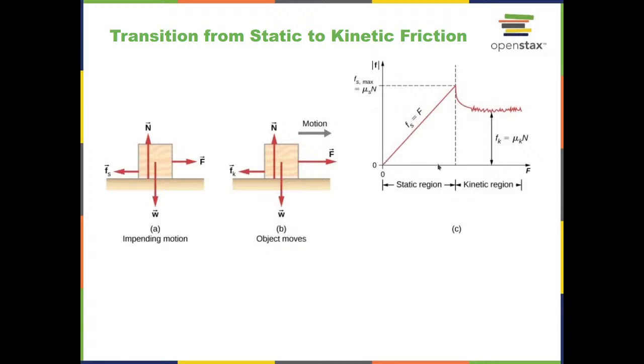If we increase the force that we apply until this point here, until the maximum of static friction, there will be no motion. At that point, if we apply a little bit more force, we get into the kinetic region, the block starts moving, and then we only need a smaller force to keep that motion. So this is going to be the kinetic friction.